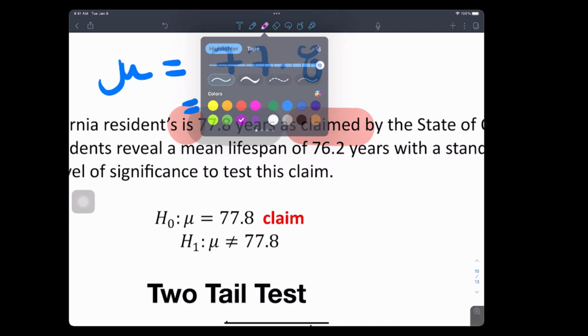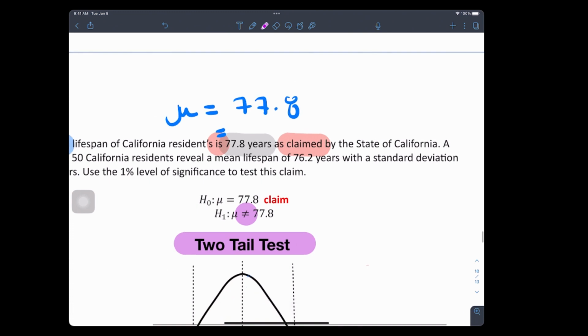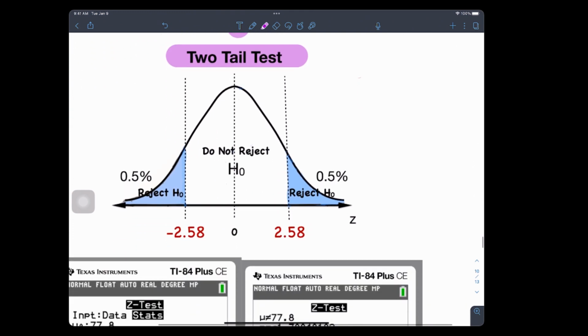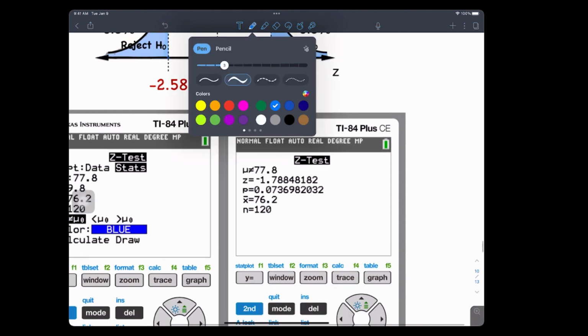What do I look at to see that this is a two-tailed test? I look at what? The inequality in the alternate hypothesis, two tails. Isn't that what we did last time by the traditional method? Now, when you enter everything in, you're going to get the p-value to be what?